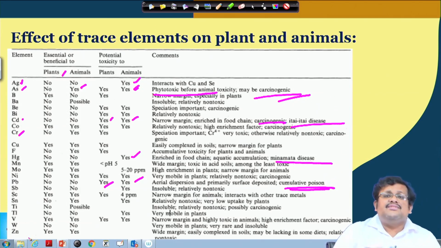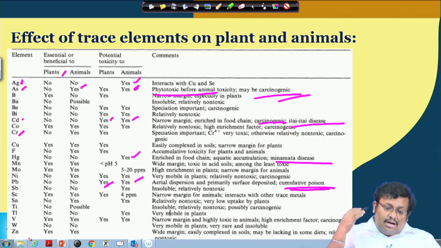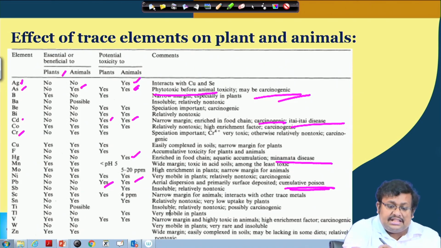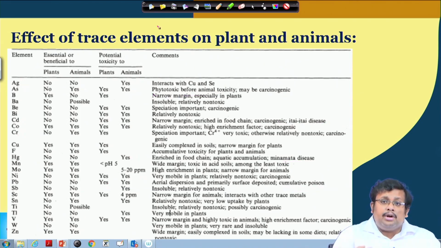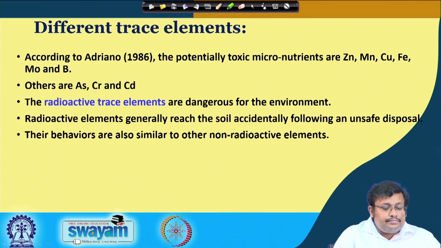So, you can see the trace elements produce a huge amount of potential pollution for both plants and animals, and that is why their discussion is very important when you are talking about soil pollutants.